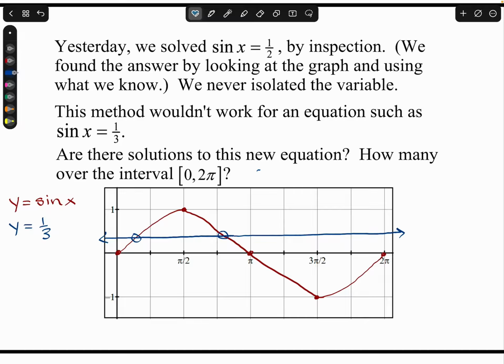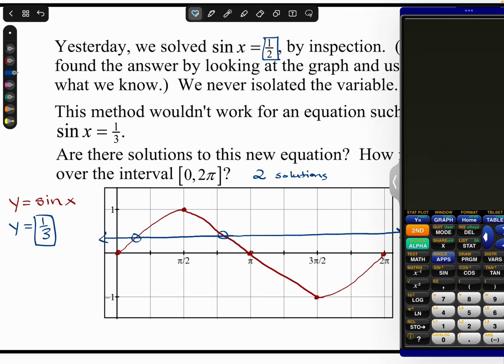So we have two solutions. We couldn't take this and draw out our own unit circle and figure it out, because 1/3 is not one of those typical values that we see, like when we see 1/2 on our unit circles. So let's get out our calculator, and we're going to graph it and find our solutions.